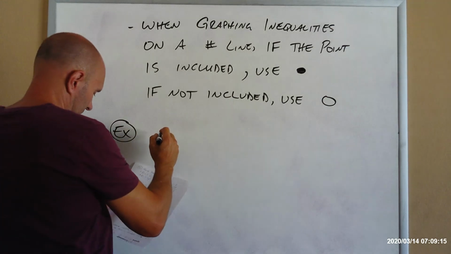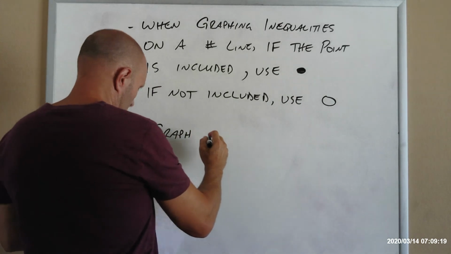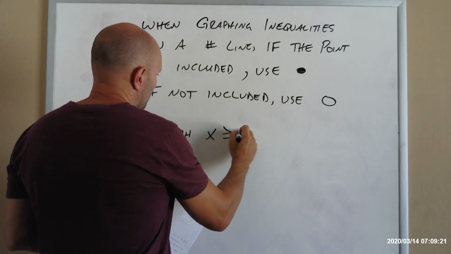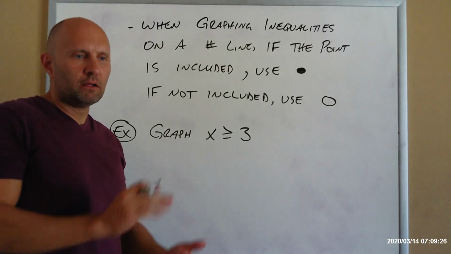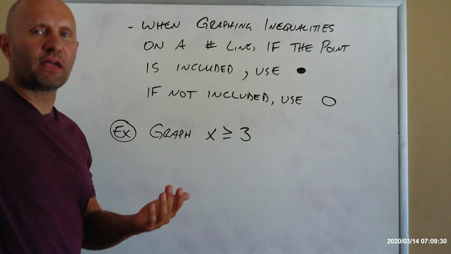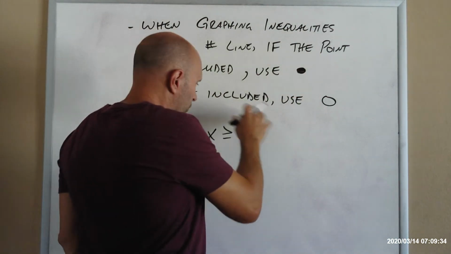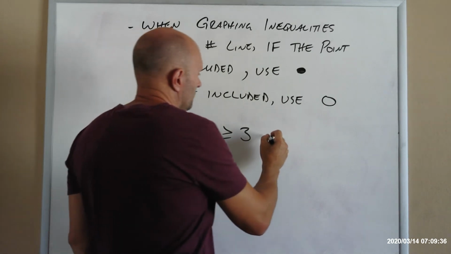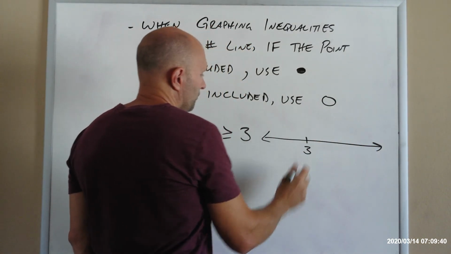Let's say I want to graph x is greater than or equal to 3. So this means what? 3, 3.5, 4, 5, 6, 7, 8, everything. Everything up past 3 is what this notation is talking about. So on a number line, my point is at 3.